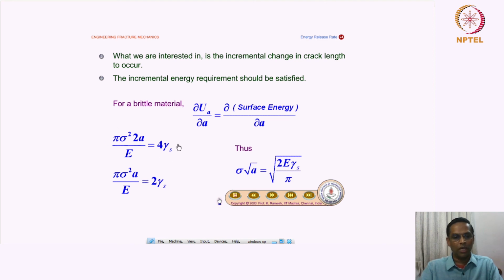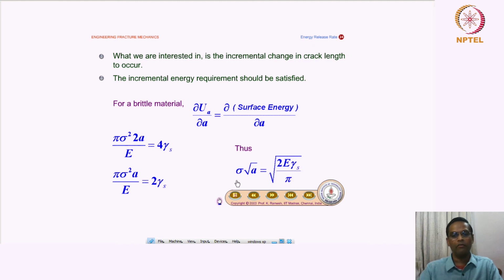If you differentiate this equation with respect to 2a, because 2a is the crack length, the final expression is pi sigma square a by E equal to 2 gamma_S. You can rewrite this as sigma into square root of a equal to square root of 2 E gamma_S by pi.